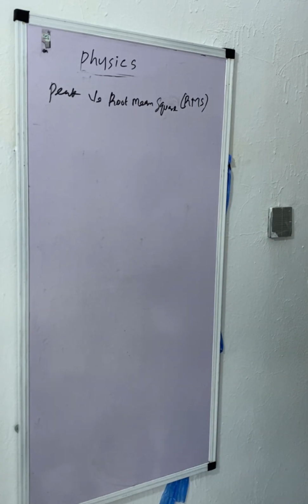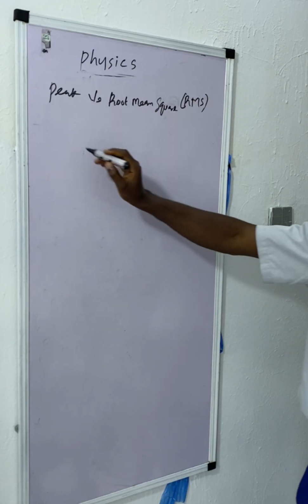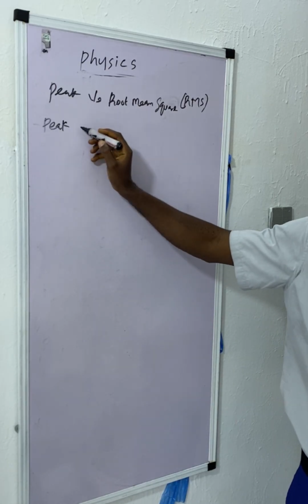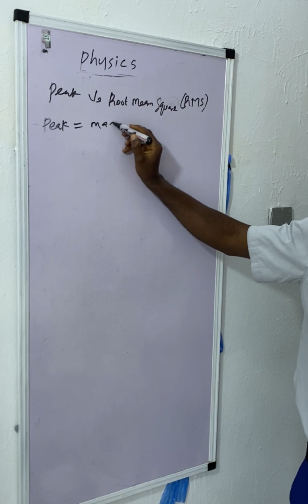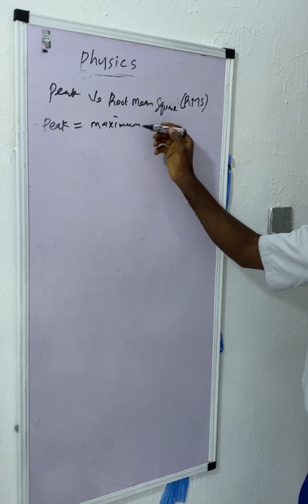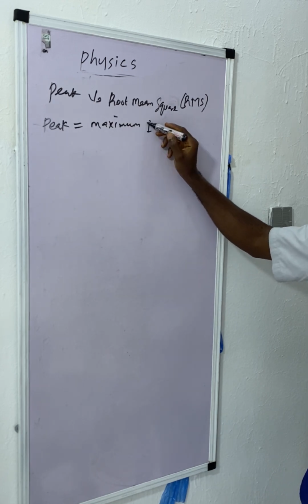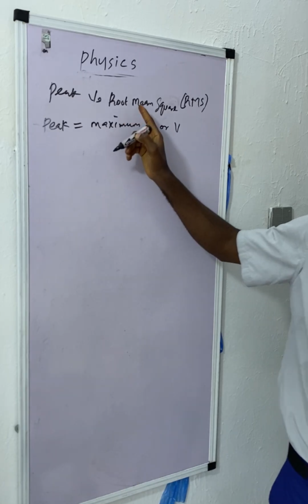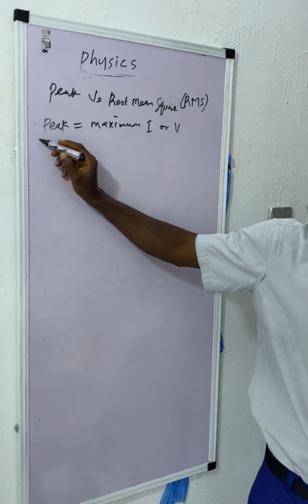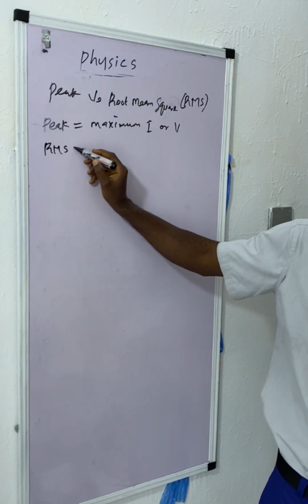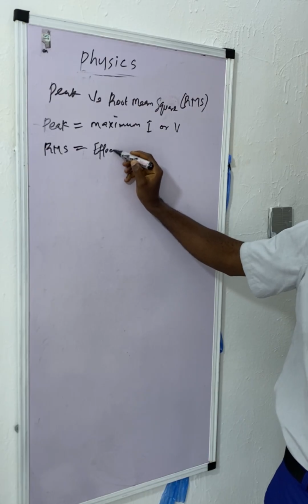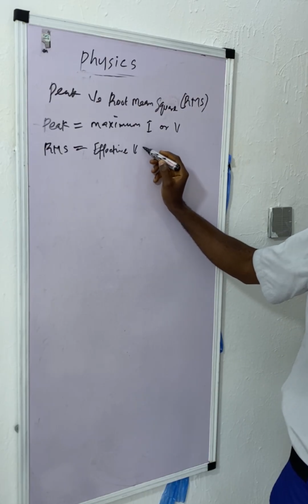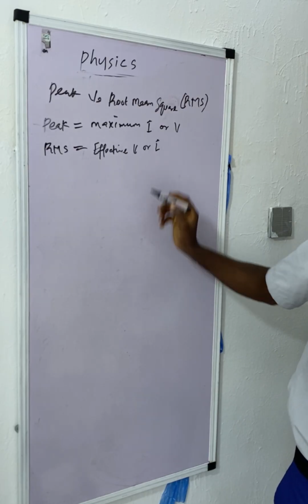Our peak is equal to the maximum. Peak current, remember, means maximum current or volts. Then our root mean square is the effective value, the effective volts or current.